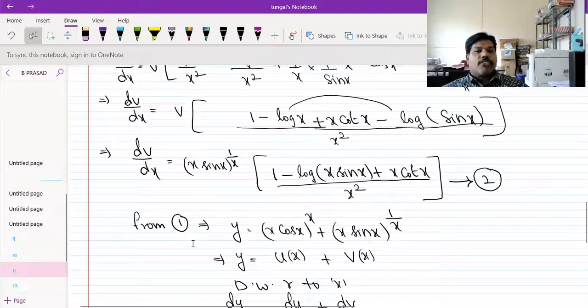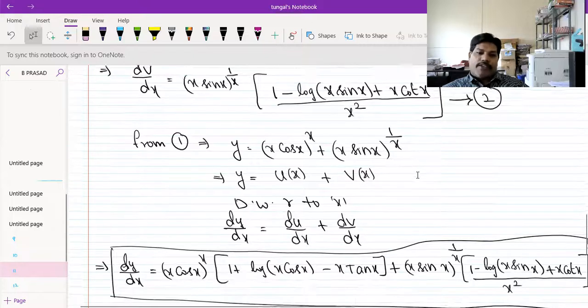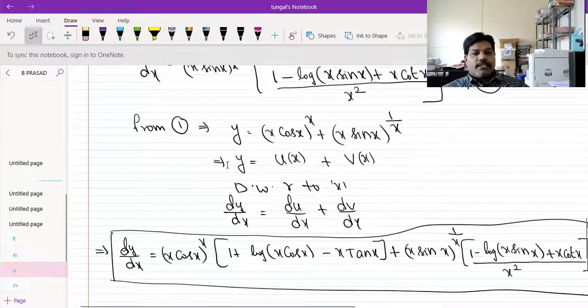Then from equation 1, y is equal to x cos x whole power x plus x into sin x whole power 1 by x. So take this problem, students: y is equal to u plus v, and differentiate with respect to x. Automatically the dy by dx value will become du by dx plus dv by dx.